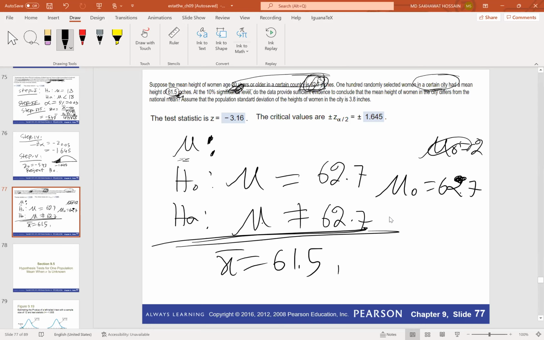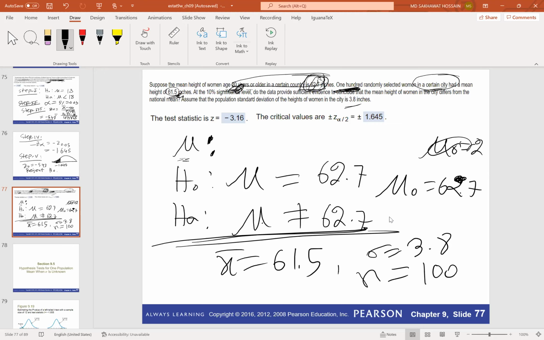Sigma is the population standard deviation, which is 3.8. And the sample size n is 100, randomly selected women.